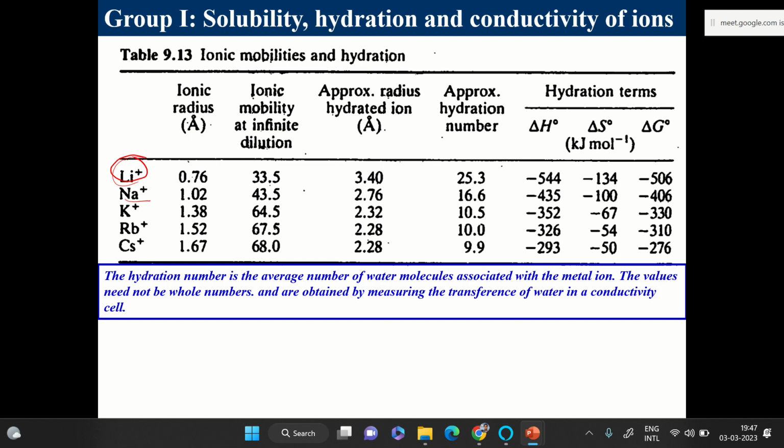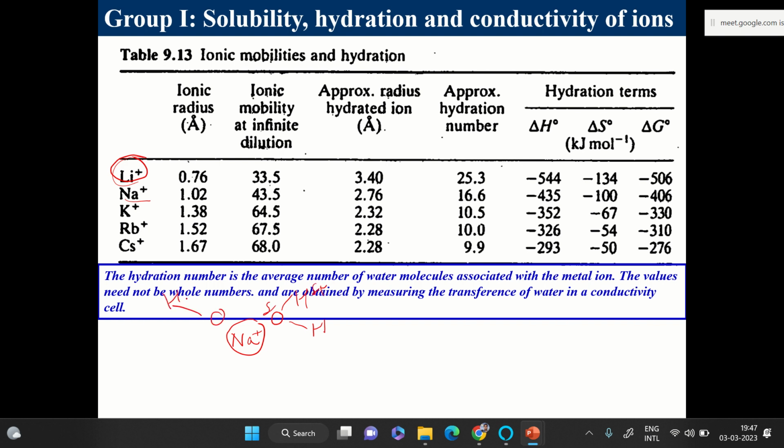H2O, you can see the interaction of H2O and lithium plus as ion dipole interaction. I told you that one. Lithium plus can get surrounded by water molecules in this fashion. So it is ion dipole interaction that we are talking about.